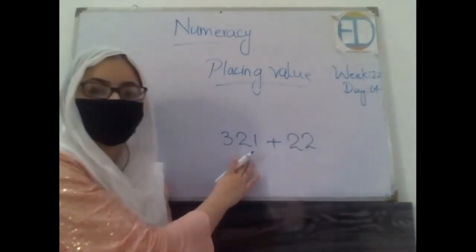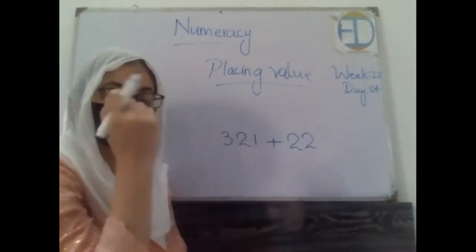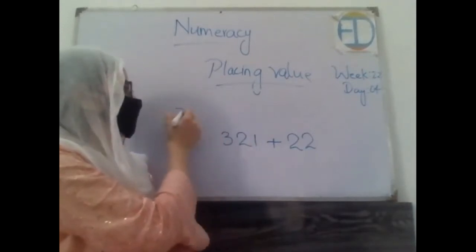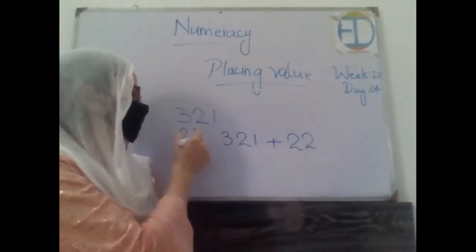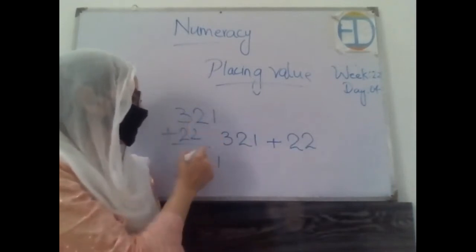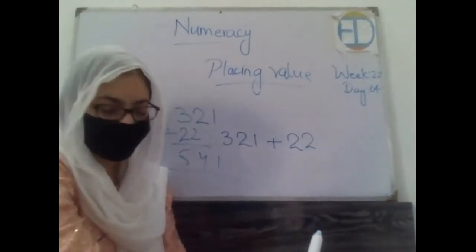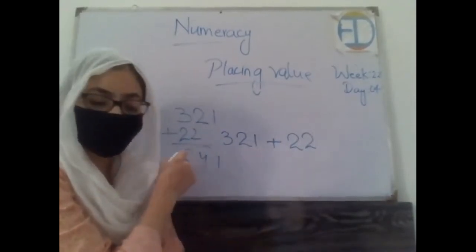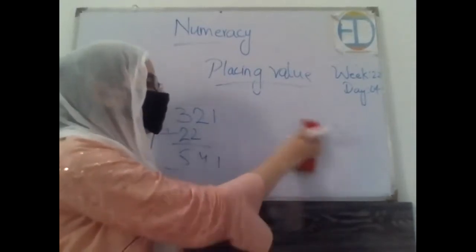Now this is a 3-digit number and that is a 2-digit number. So what's the best way to add it? There is a possibility that you write 22 over here and then you add, and the answer turns out to be 541. But is this the right method? No, it's not.